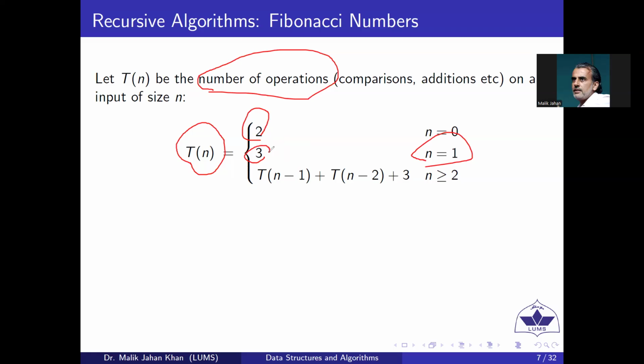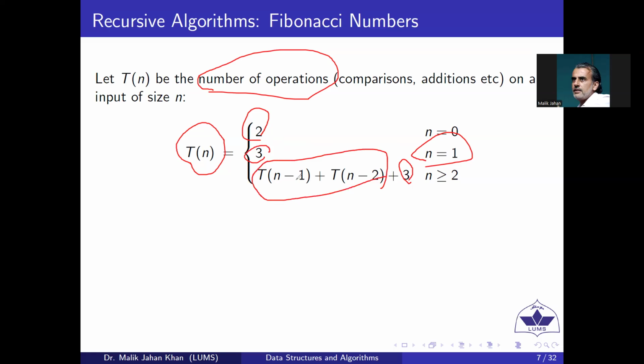But for the third case, we have already done 2 steps in failing the first 2 if statements, plus the third one is the return statement. Those 3 steps have to be added to the amount of time required for T(n minus 1) and T(n minus 2).